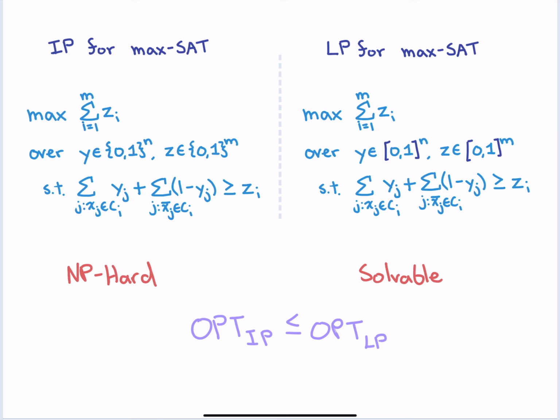So any feasible solution for the integer program is feasible for the linear program. If you're trying to maximize something, you strictly have more possibilities for the linear program, so the optimum value for the linear program will be at least the optimum value for the integer program. It doesn't hurt you to have easier constraints.